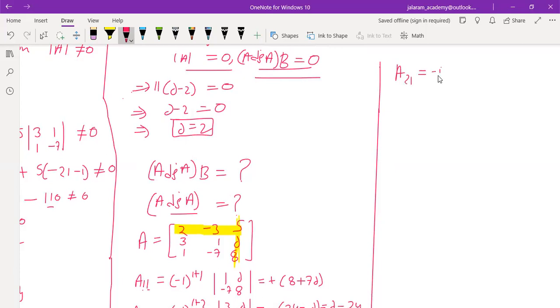Now we find the cofactors of the second row also, starting from A21. A21 means minus 1 to the power 2 plus 1, and then we delete the second row and first column.